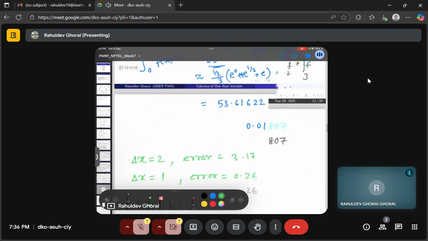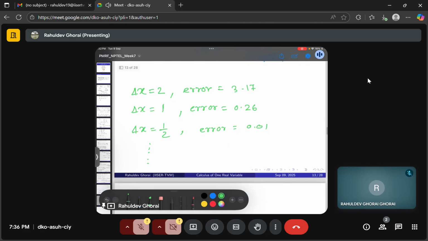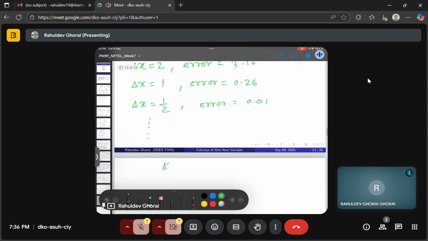I'm writing just two terms. With del x equal to half, the error becomes much lesser. So the closer you take del x to 0, the error will converge to 0 also. Del x tends to 0, error will also converge to 0.